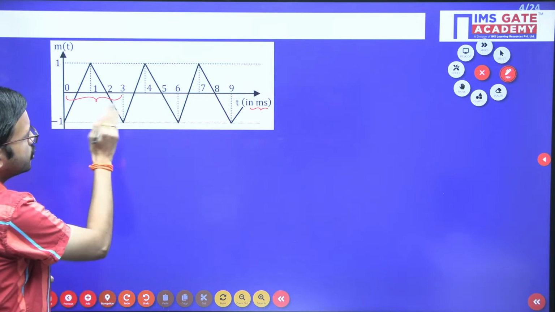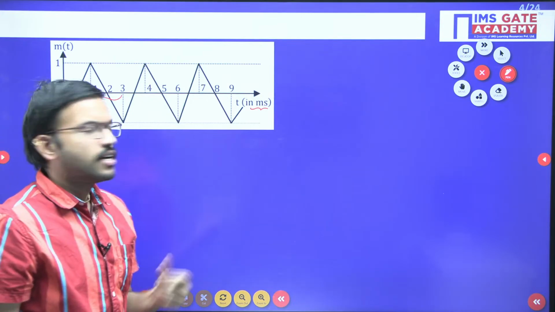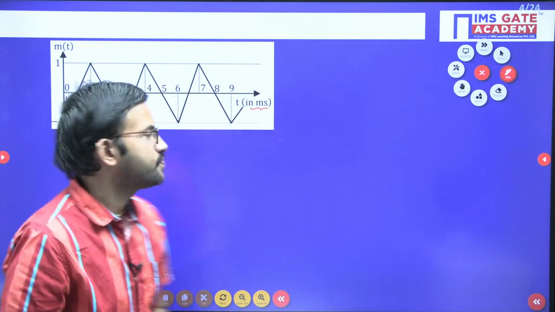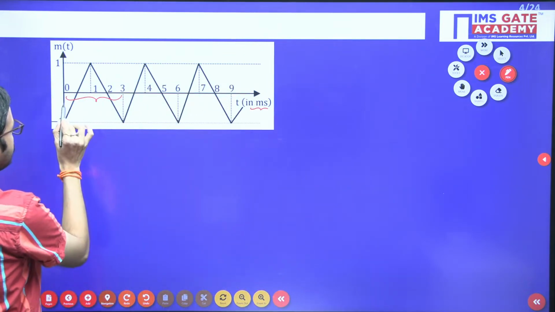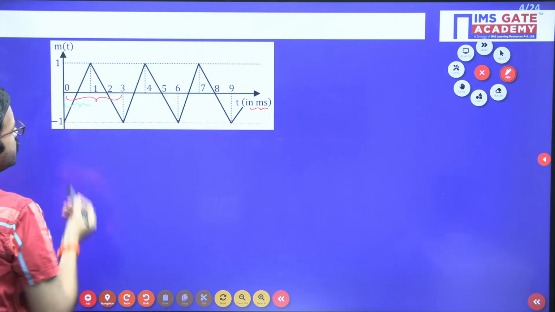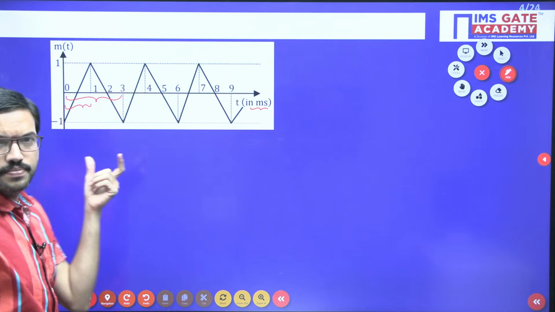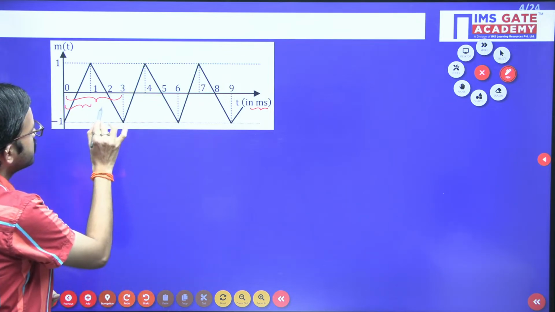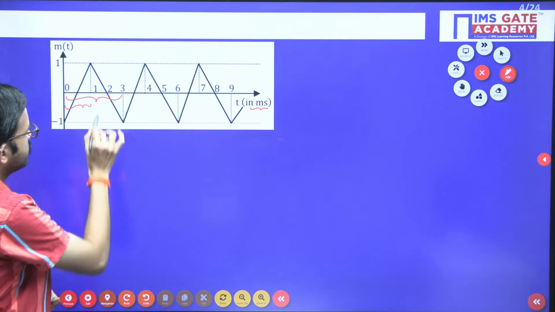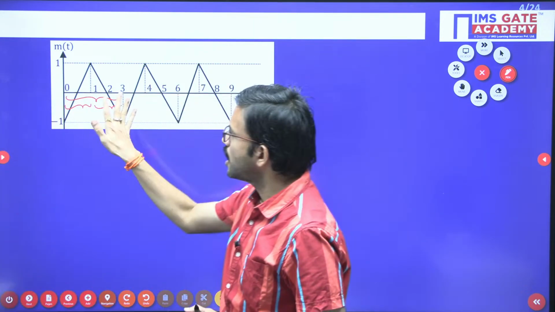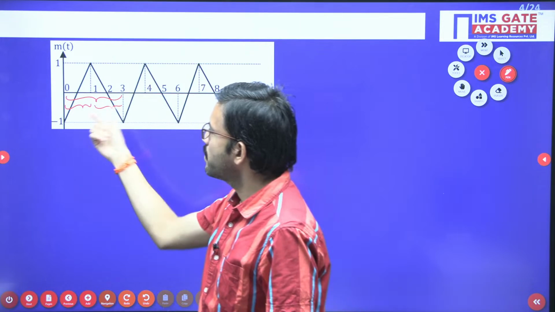Now within 0 to 3 milliseconds, if you observe the given waveform, we can make it into two intervals, say 0 to 1 millisecond, and then 1 millisecond to 3 millisecond. You can closely observe how I have made the two intervals.